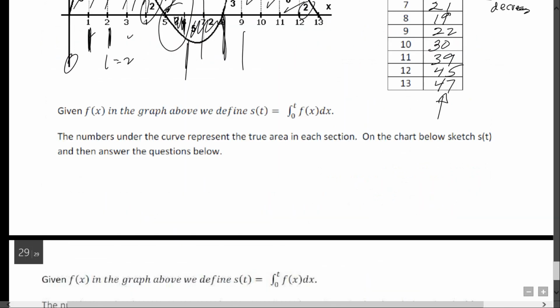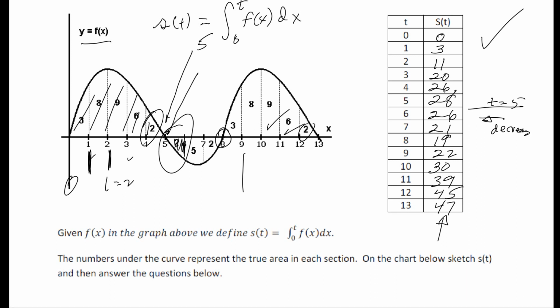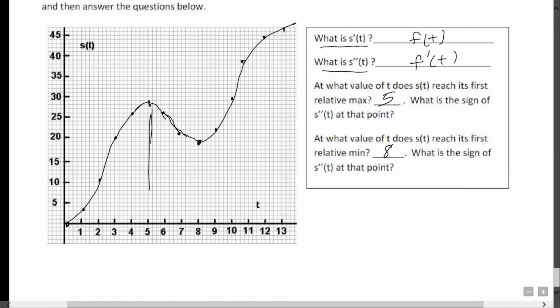And that is simply because at t equal 8, we have subtracted off all we're going to from the integral, and we begin to increase again. So you can see here we had our first relative max at 5 and the first relative min at 8. And you can do this by just calculating the value of the integral.